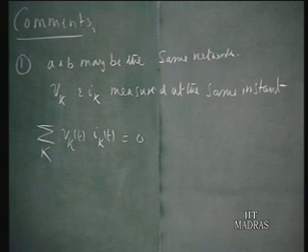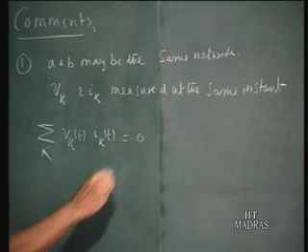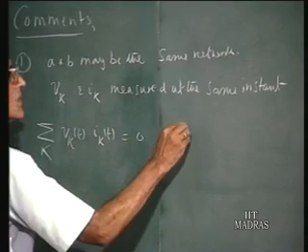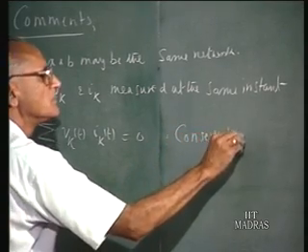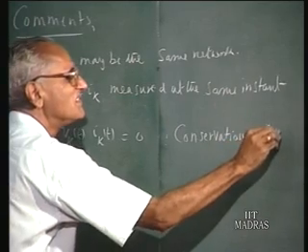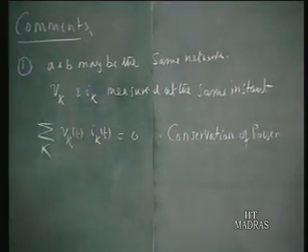If you take the instantaneous power associated with each element and add them up over all elements, that is going to be 0. This is something which we already know. This is a consequence of Tellegen's theorem, a statement of conservation of power, which of course is not very surprising.